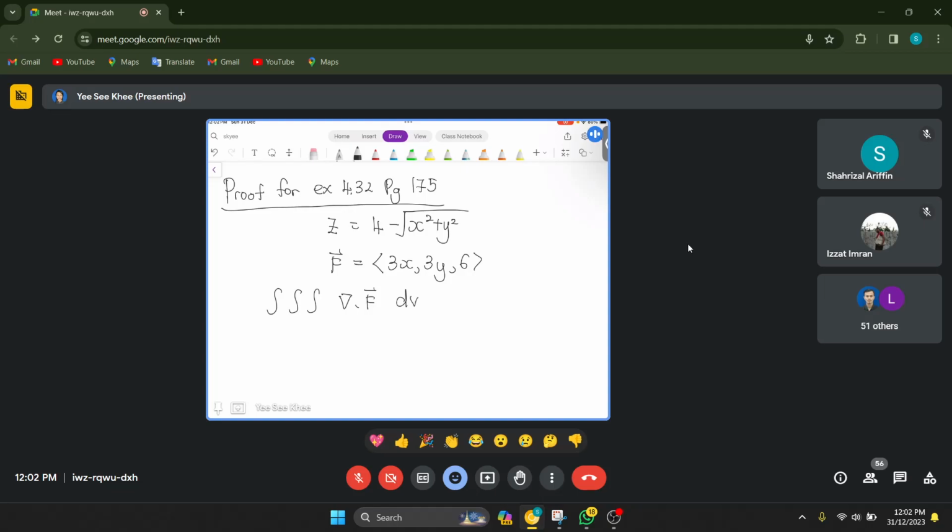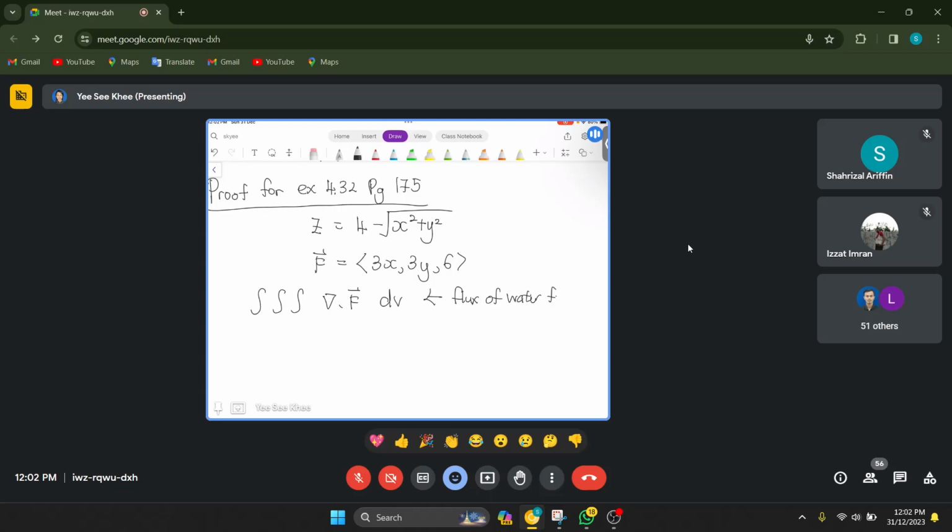This is the dV, and this is the flux of water from the cone that we are going to find out.